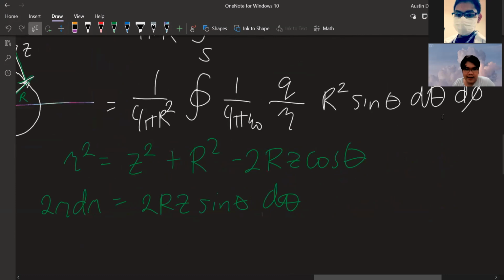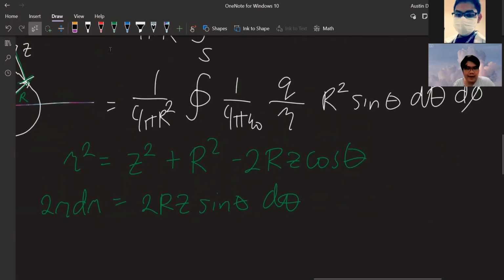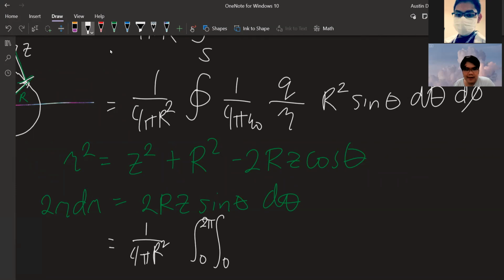I plug in things there. So we actually have 1/4 pi r squared. Tapos, balitan ko na itong integral ko para dalawang bounds na. Ito ay 0 to 2 pi for the phi and then 0 to pi.